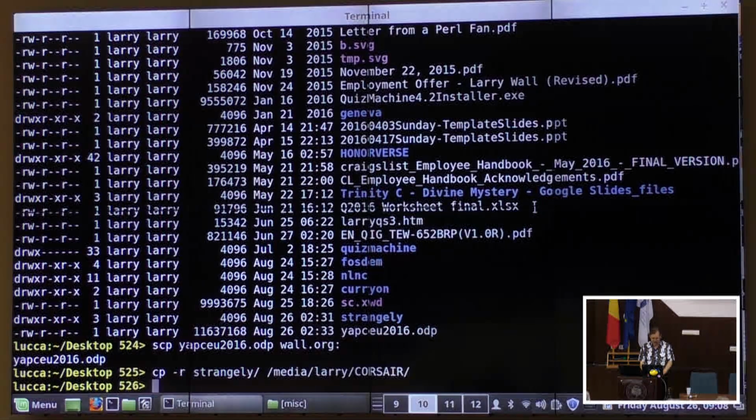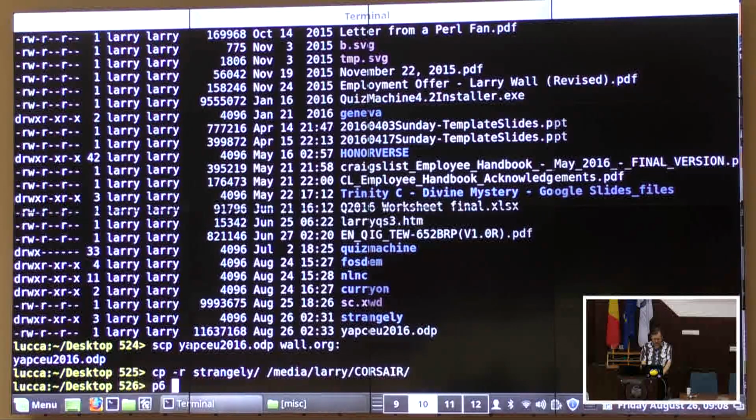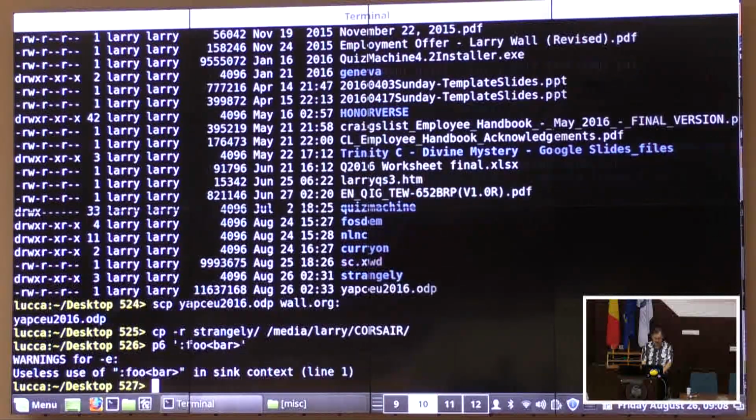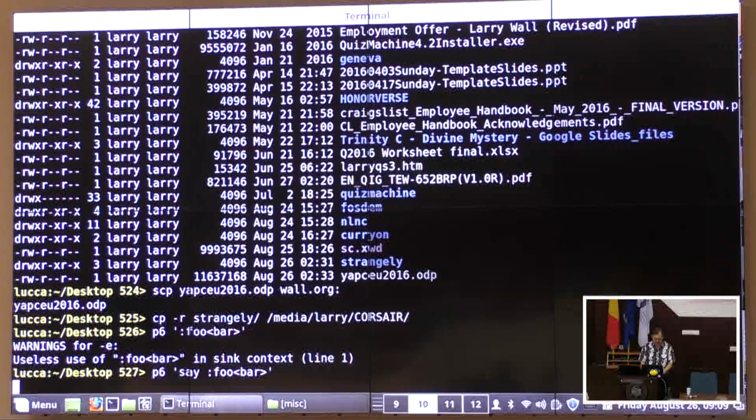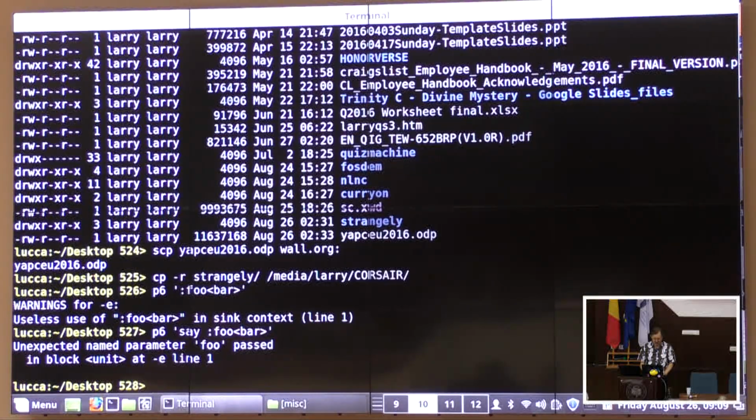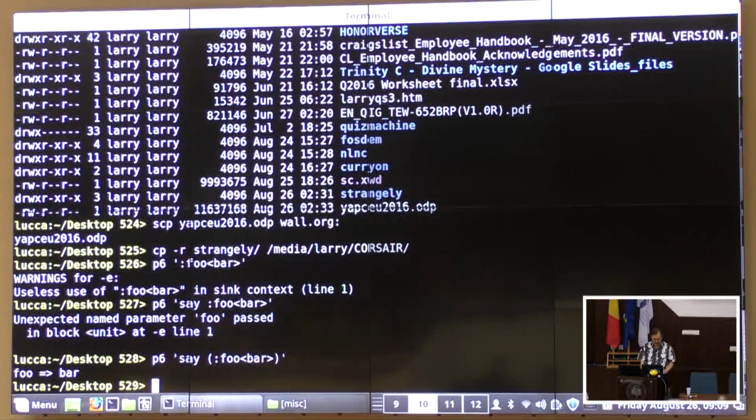Just for instance, I could say P6, if I say this, it's just a simple pair. It got me. Unexpected named parameter. Okay. See, it can be used for named parameters as well as just pairs. Now, if I do this, then it actually gives me the pair.